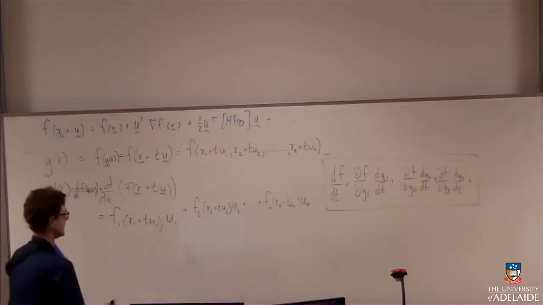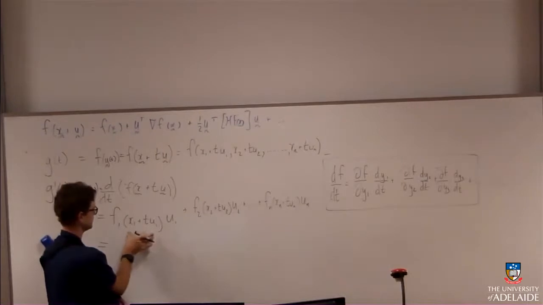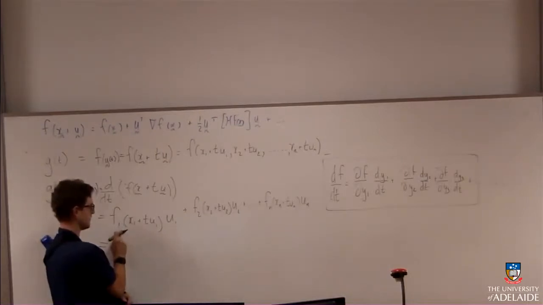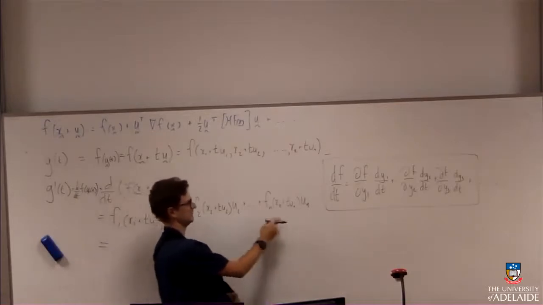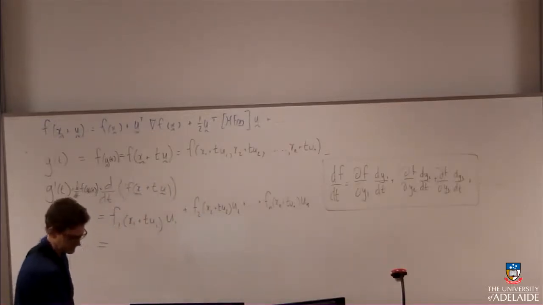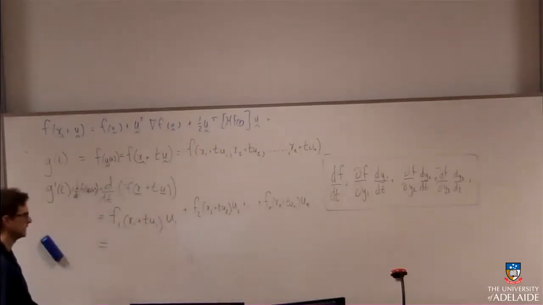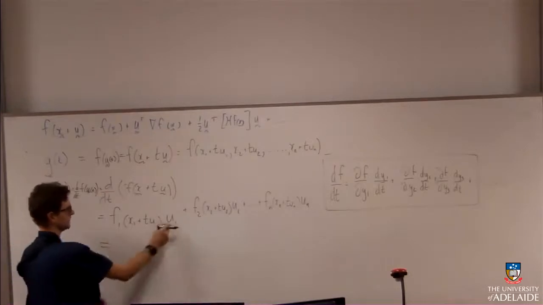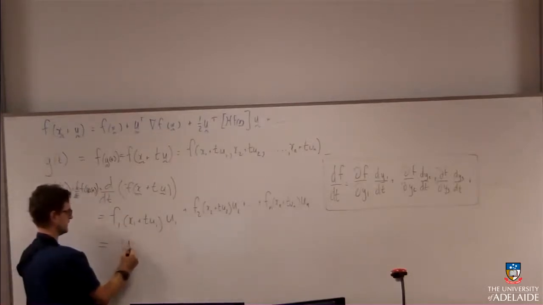Now what does that object look like? I've got the derivatives of f with respect to its first component, second component, third component, all the way up to the nth component. And then I've got another term that looks like u1, u2, all the components of the vector u. Those things are multiplied together and summed up, so that looks like a dot product.